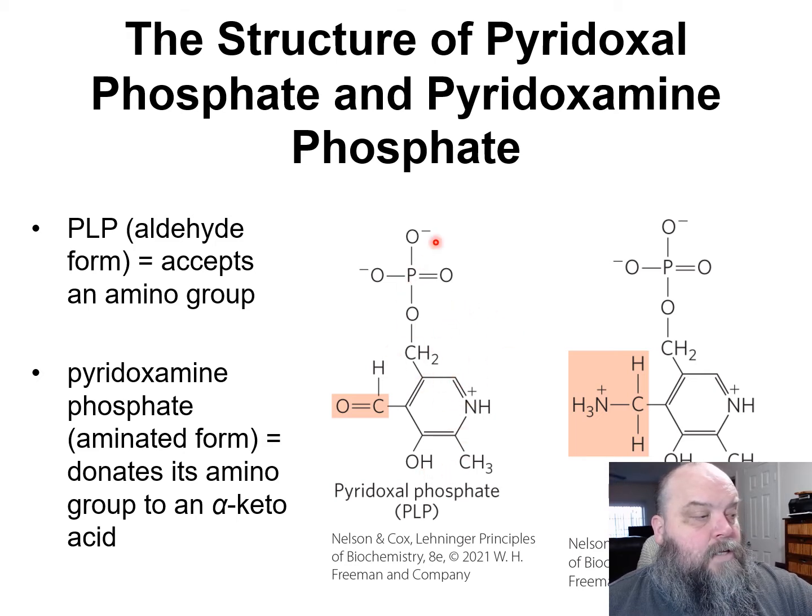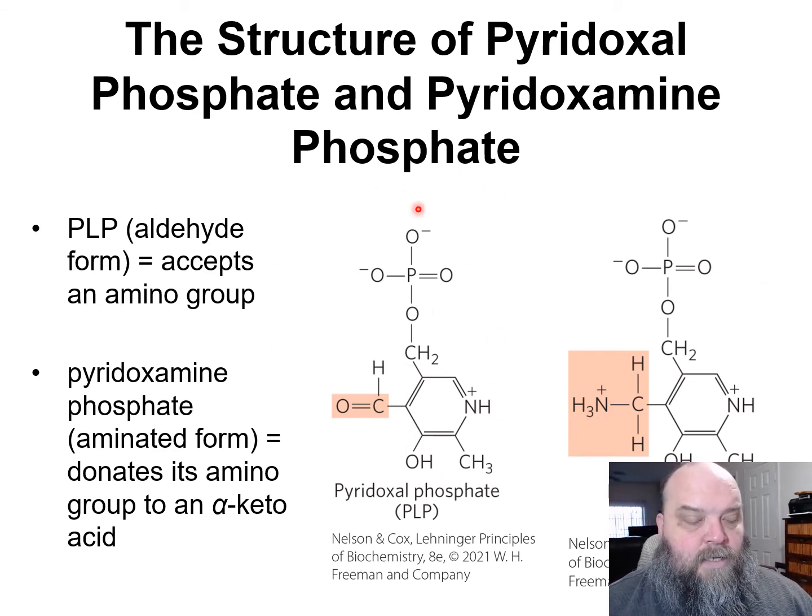You see here is the PLP. PLP, under normal, quote unquote, normal conditions, has a carbonyl group here. But during the transamination step we just talked about, this carbonyl group gets replaced with the amino group as it holds it and aids in positioning it. So this is one of those times where the enzyme, the cell, does not want the intermediates free floating around.